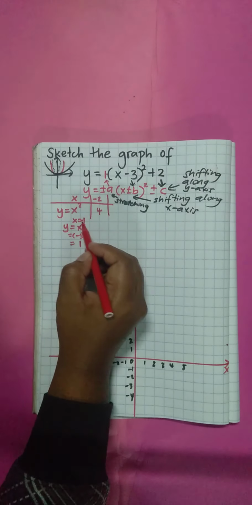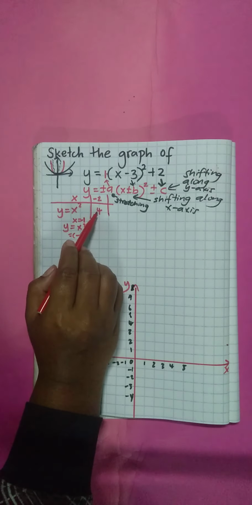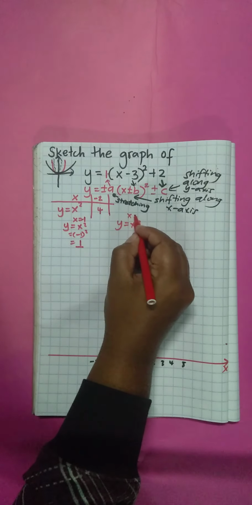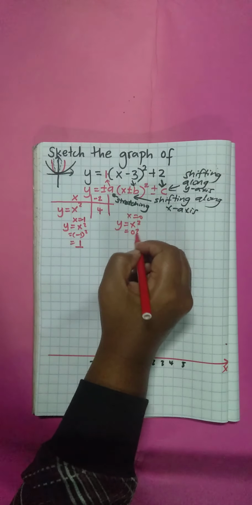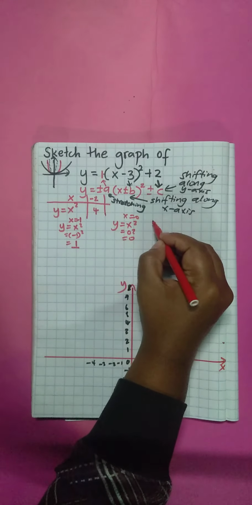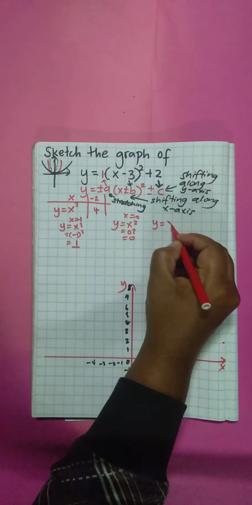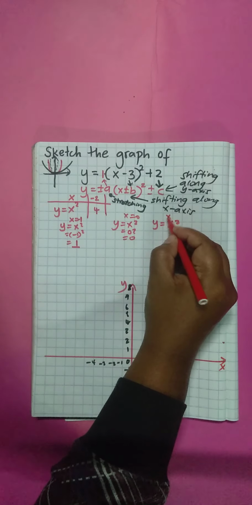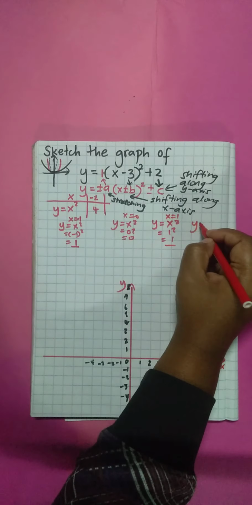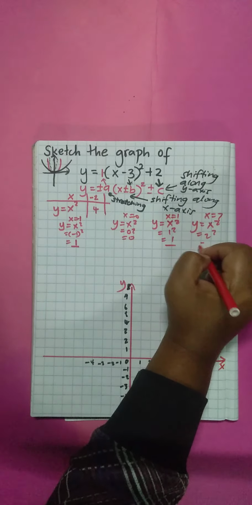So when x is -1, y is +1. When x is -2, y is +4. If we put 0 in place of x, 0 squared is just 0. Now using 1, 1 squared is just 1. The last one, when x is equal to 2, 2 squared will give us 4.